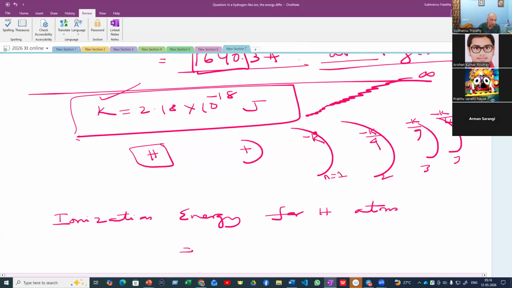And when you bring it to the ground state, it has lost K quantity of energy. Hence, its energy value is minus K. Minus represents how much energy it has lost. In fact, it is potential energy. Of course, kinetic energy is included, but including kinetic, which is positive, the negative is heavier, so minus K is the energy that includes kinetic.